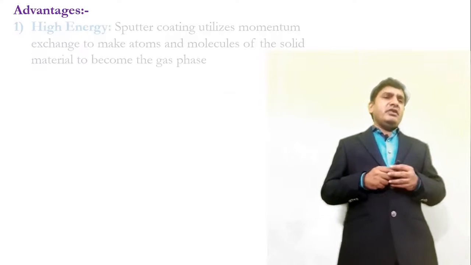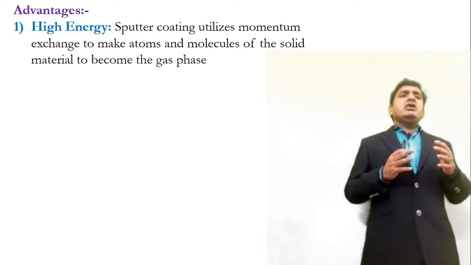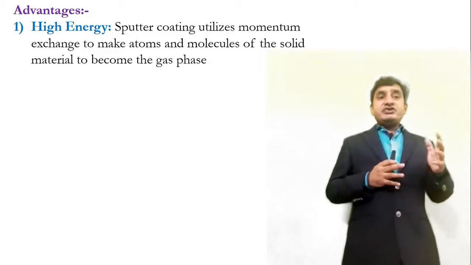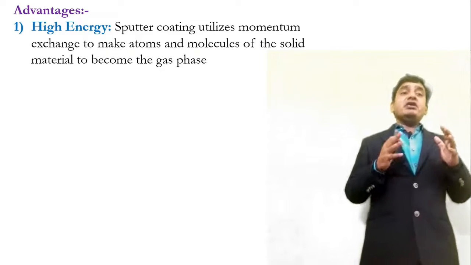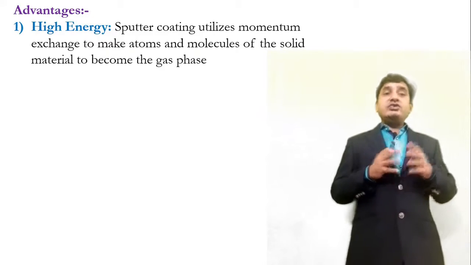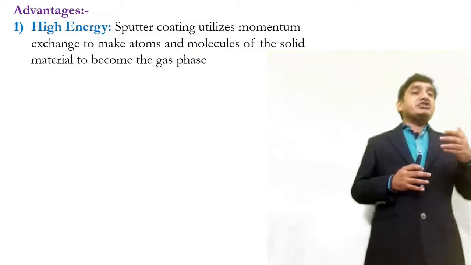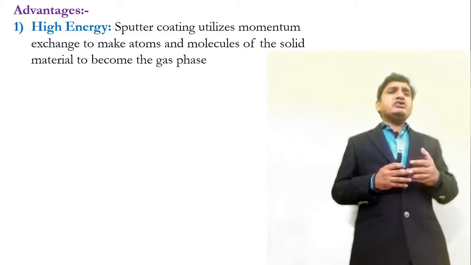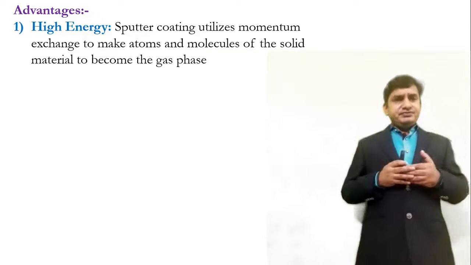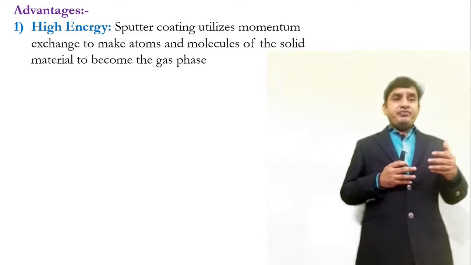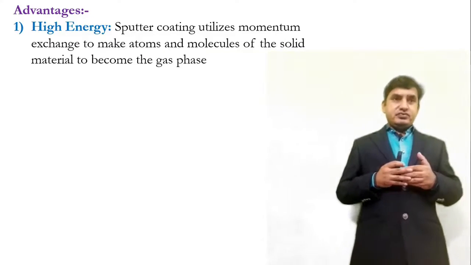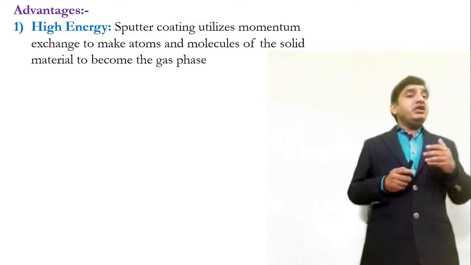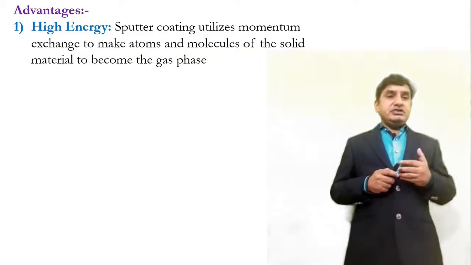Now there are some advantages of this deposition technique. First is high energy: sputtering coating utilizes momentum exchange to make atoms and molecules of the solid material become gas phase, which have very high energy.